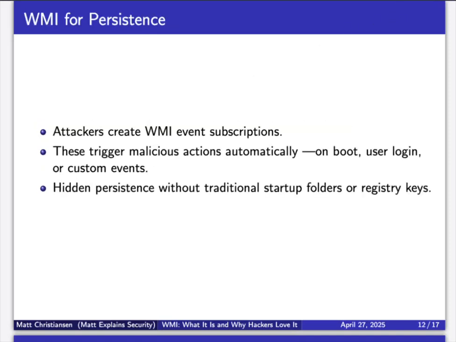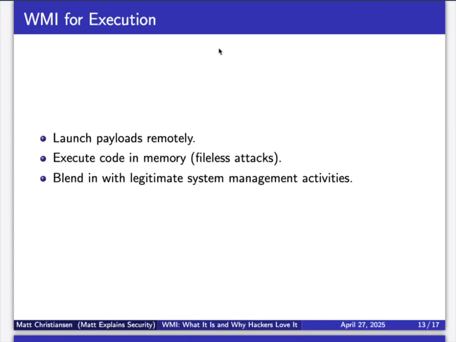So WMI for persistence, attackers create the WMI event subscriptions. These trigger malicious actions, and then hidden persistence without traditional startup folders. So persistence happens. WMI for execution, launching payloads remotely, executing code in memory like fileless attacks, and blend in with the legitimate system management activities.